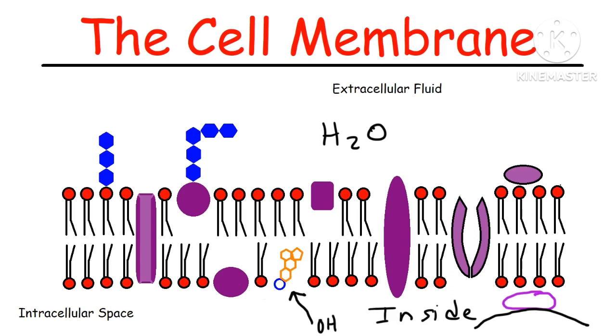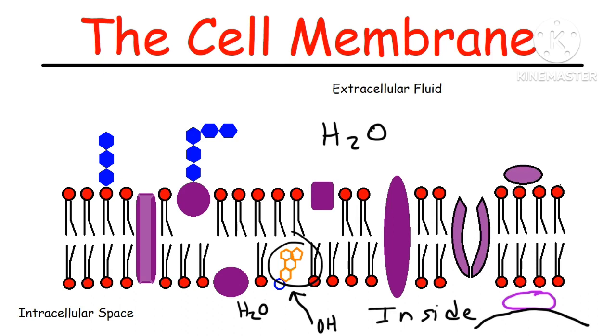The hydroxyl group is polar because of hydrogen bonding. It's very attracted to water, and so it's going to be facing outside of the cellular membrane. The four fused rings of cholesterol are the nonpolar, hydrophobic region, and so they're going to be pointing towards the interior of the membrane.